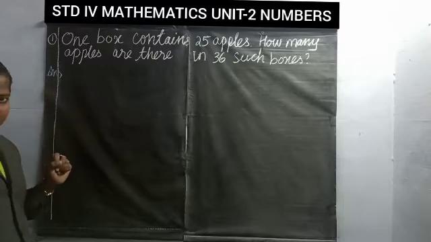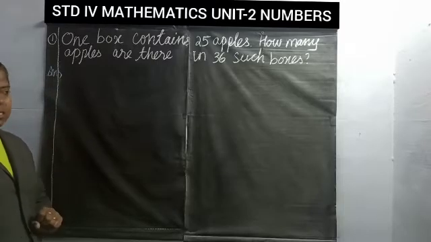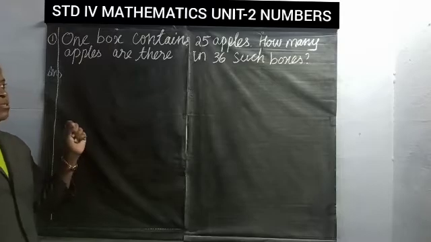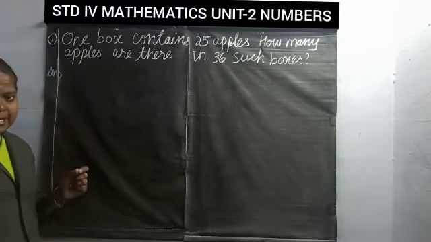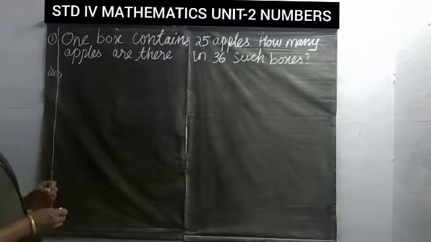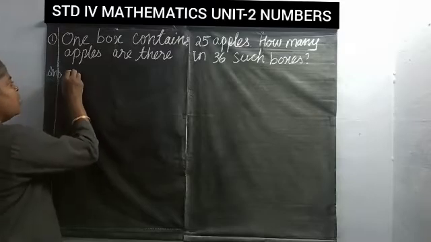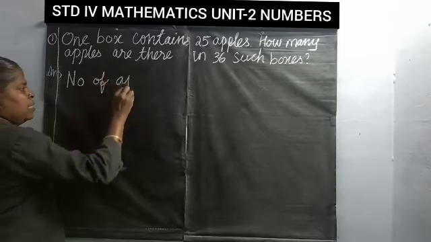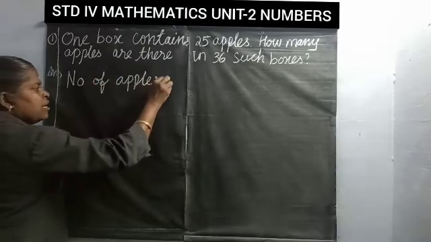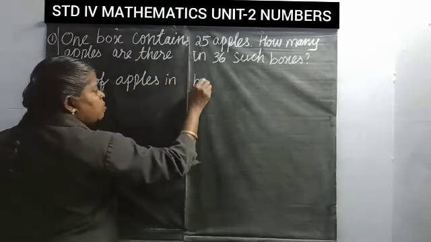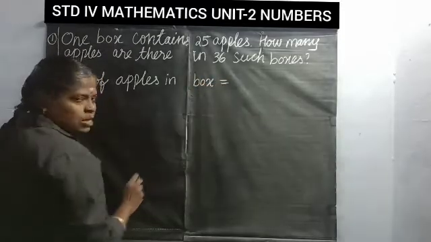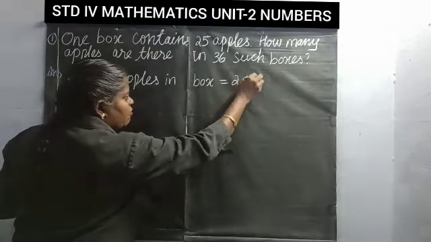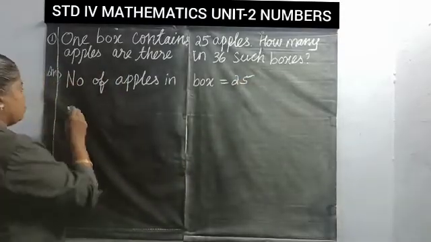One box contains 25 apples. How many apples are there in 36 such boxes? First we write the statements. Number of apples in one box equals 25.